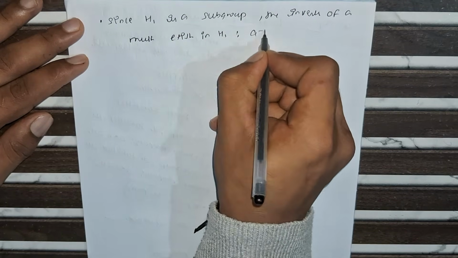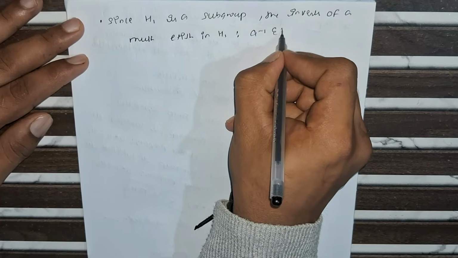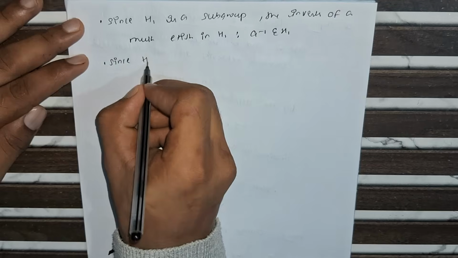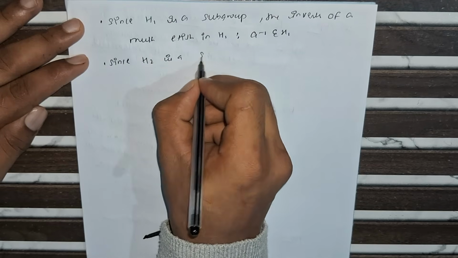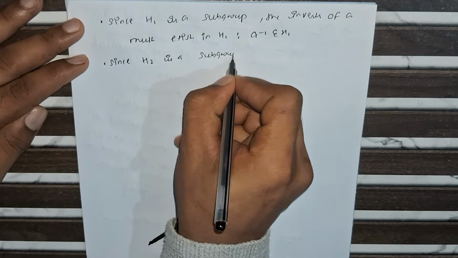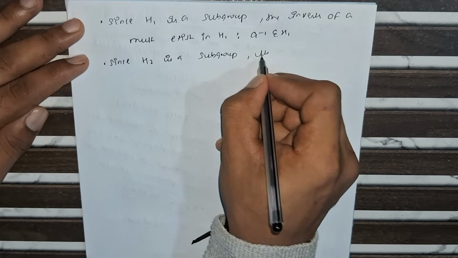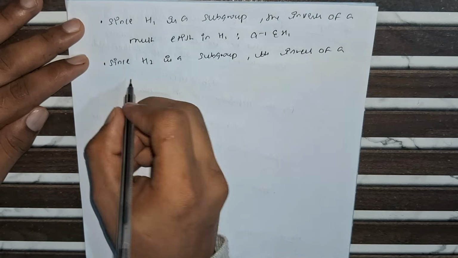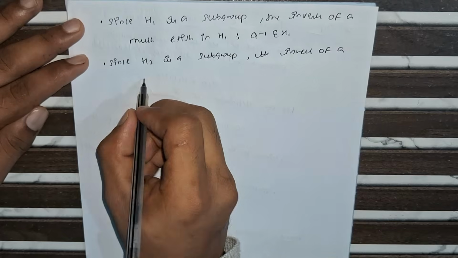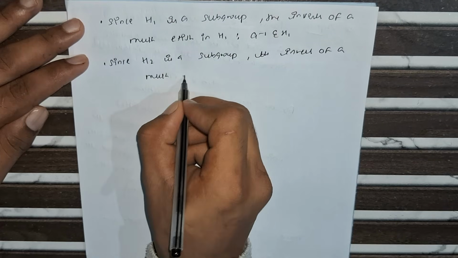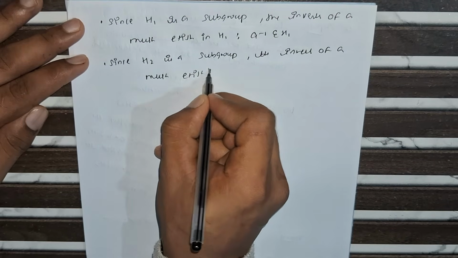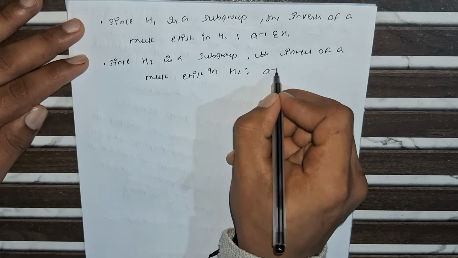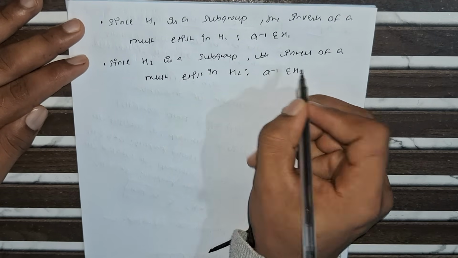It means A inverse also belongs to H1. Like that for H2: since H2 is a subgroup, then the inverse of A must exist in H2. The expression becomes A inverse also belongs to H2.